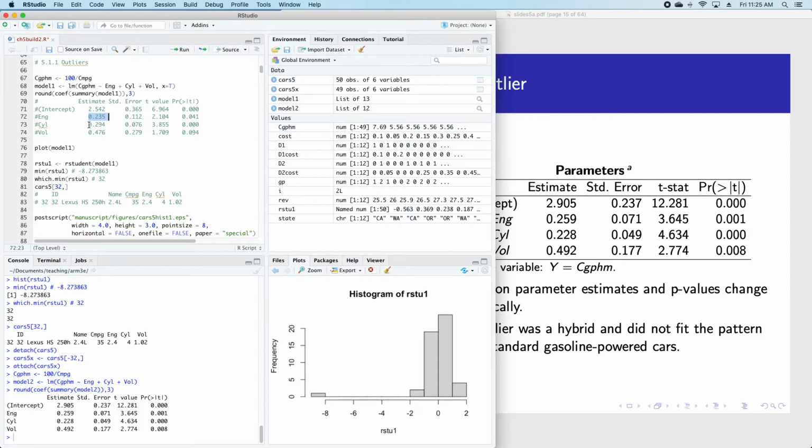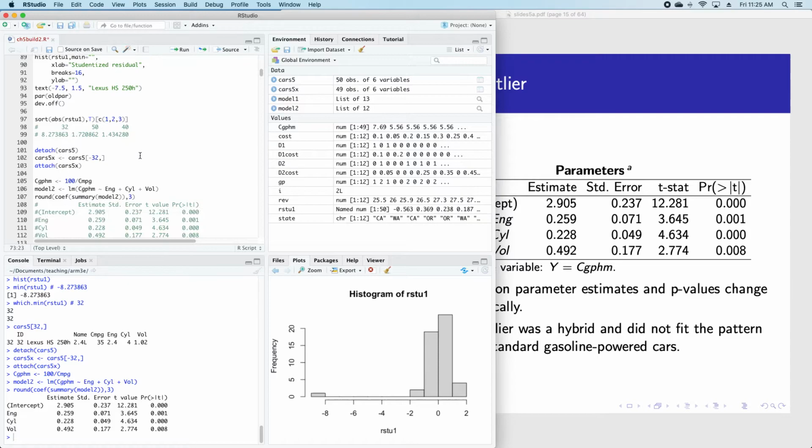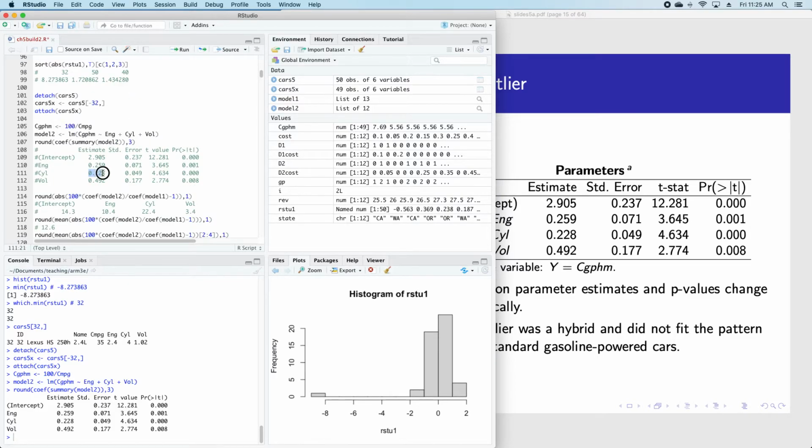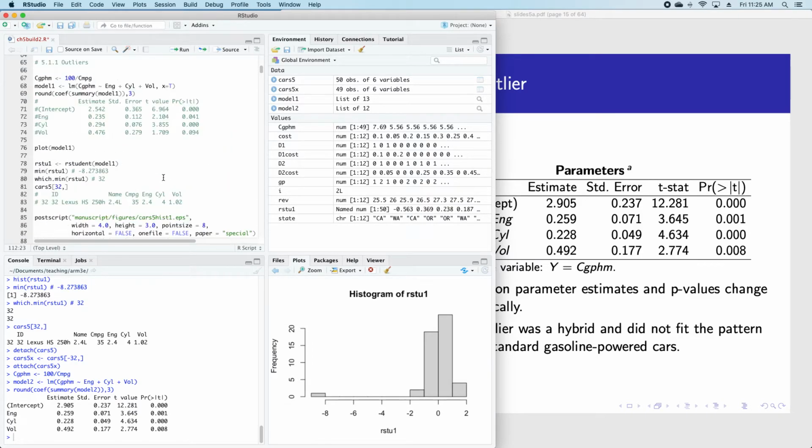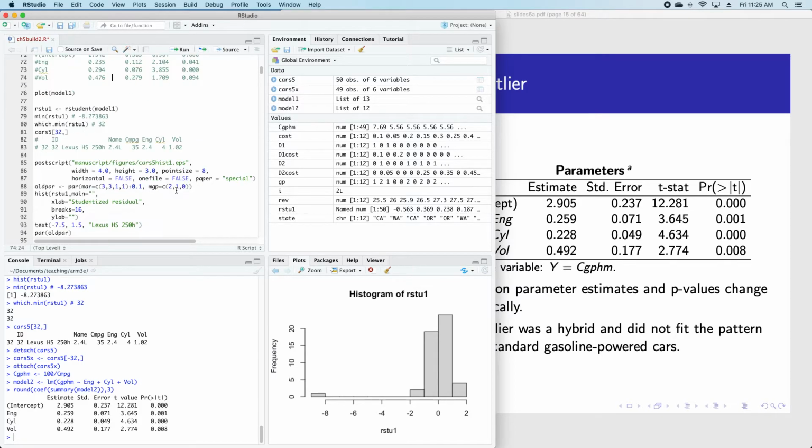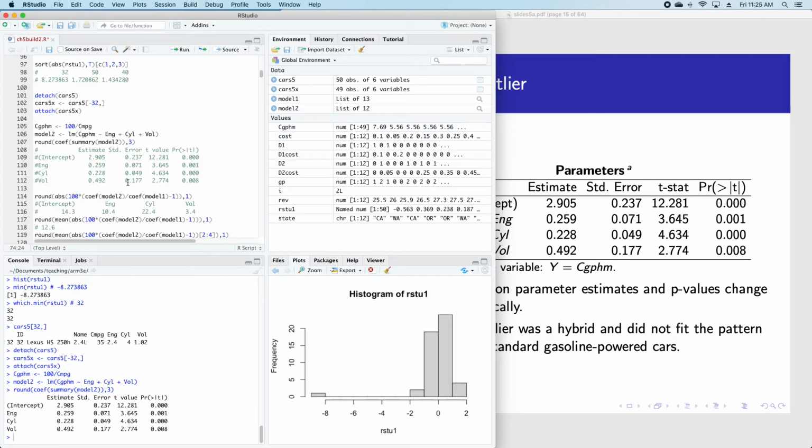In the first model that had the outlier, the regression parameter with cylinders is 0.294, and now it's 0.228. And with this model, the regression parameter with volume is 0.492, and before it was 0.476. So we're getting very different regression parameter estimates now that we've excluded that outlier.